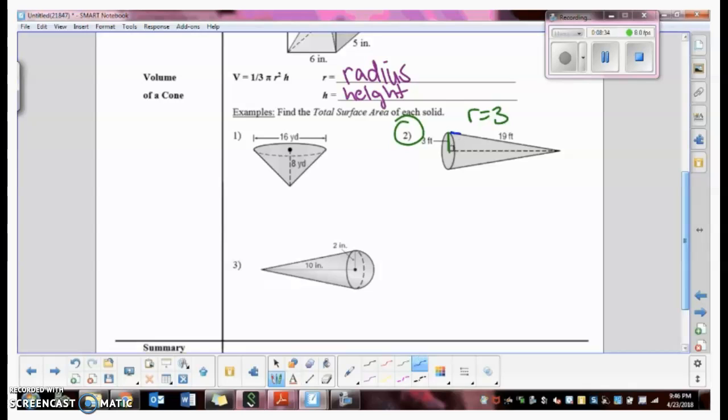But in this case, our base is a circle, so the area of our circle is going to be pi r squared. If we take a look here, we see we have a radius of 3 feet. And you notice that the radius is also part of a right triangle. So we can do 3 squared plus our height squared equals 19 squared. Then we use that information to find the height of our cone.